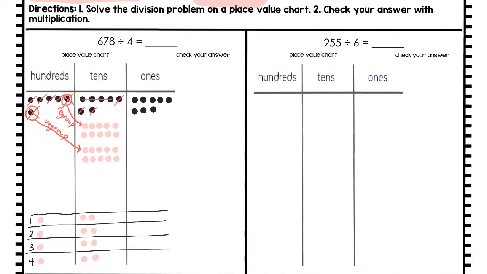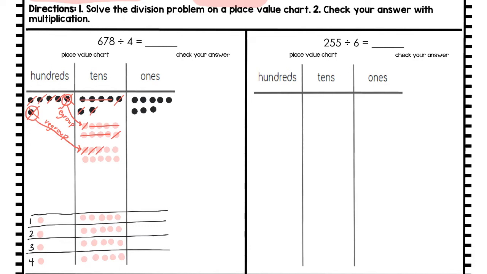Used 4 more. 9, 10, 11, 12. There's 4 more. 13, 14, 15, 16. There's 4 more. 17, 18, 19, 20. There's 4 more.